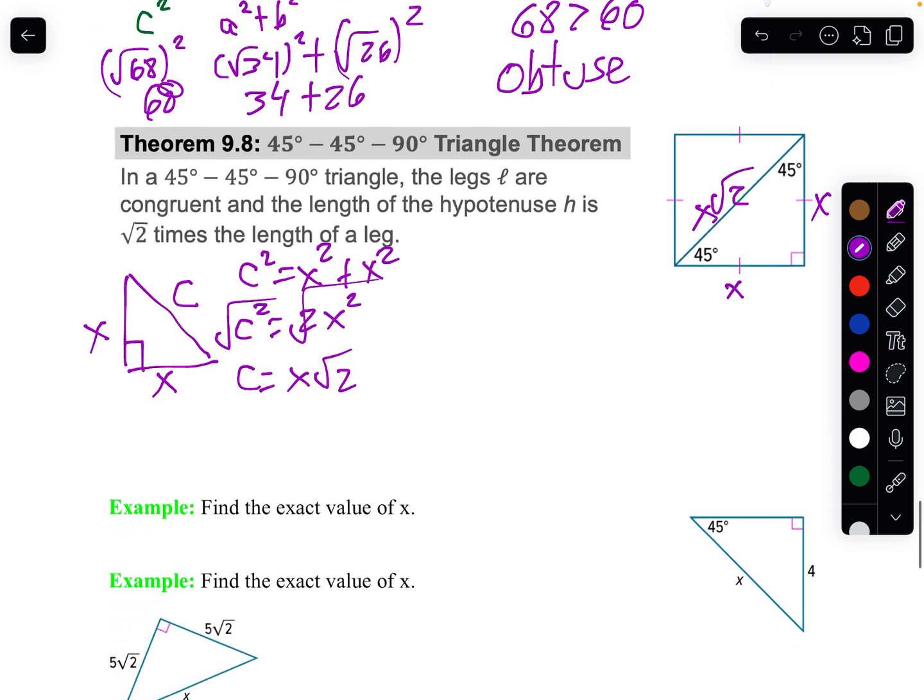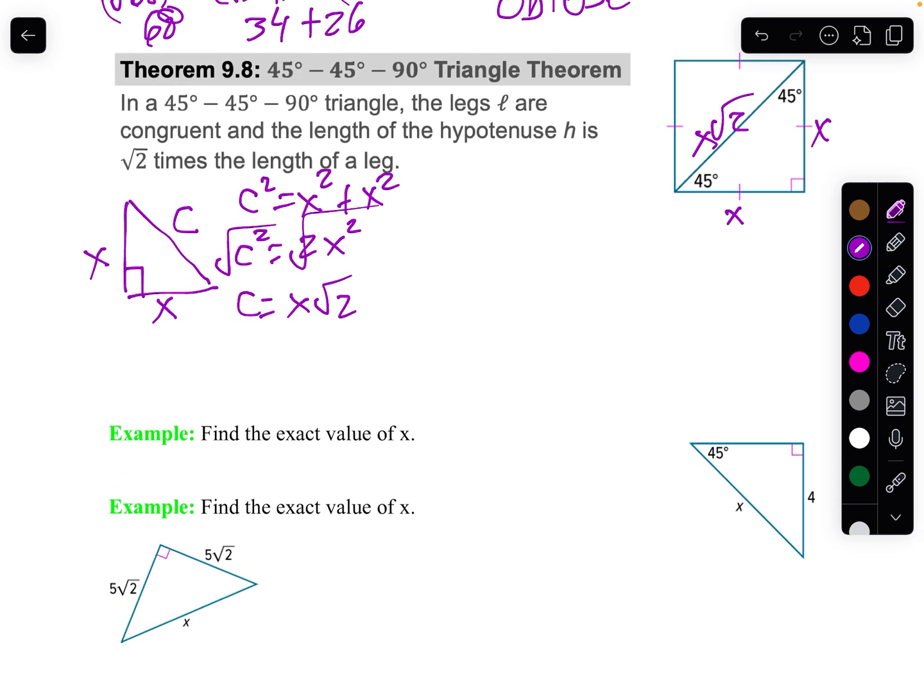Now, if we take a look at this first one, notice on this one, my leg is 4. Since it's isosceles, I know the other side is 4. So to find the hypotenuse, I just say 4 times the square root of 2.